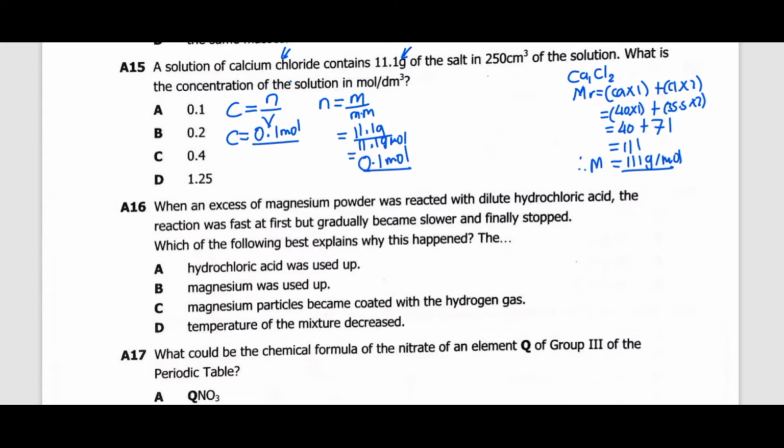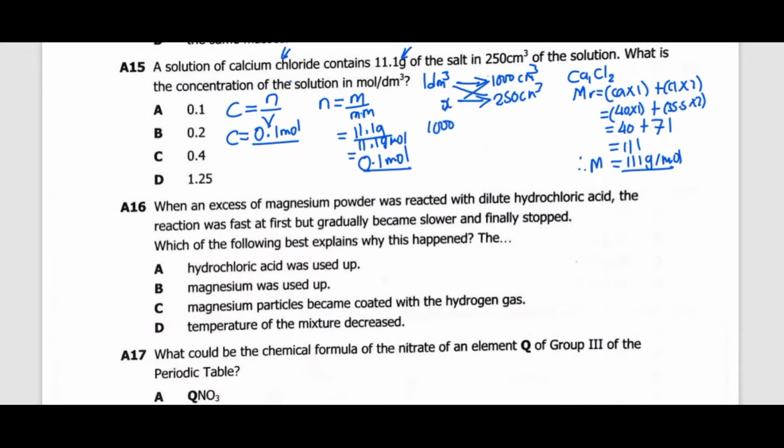Now the volume is in cubic centimeters, so it has to be converted into cubic decimeters. So 1 cubic decimeter is equal to 1000 cubic centimeters. So we put the 250 here, then x, and we cross multiply.